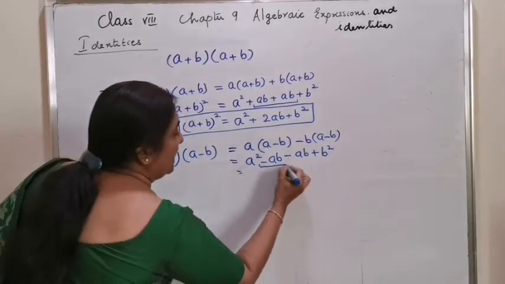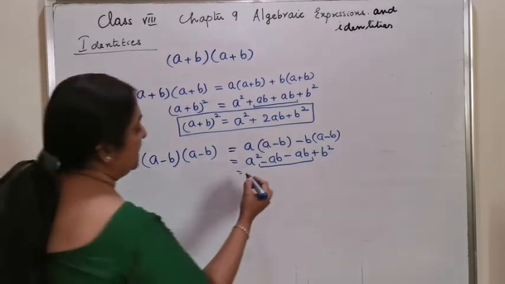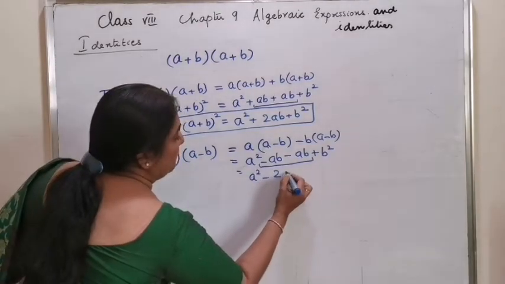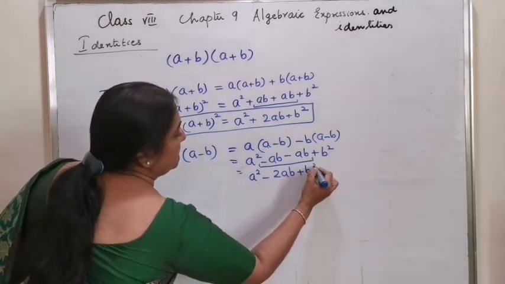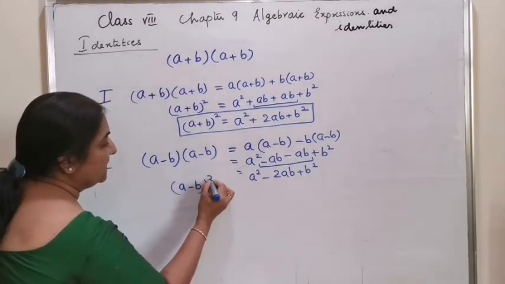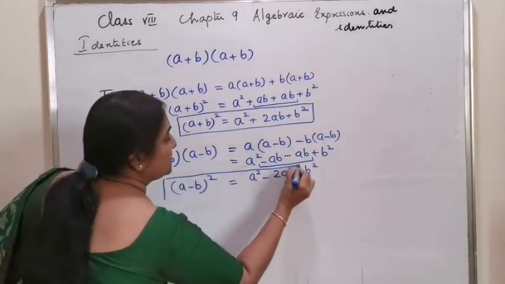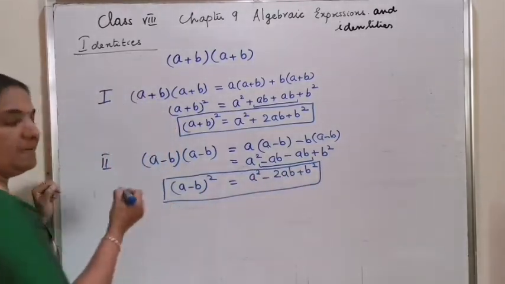Again, minus 1AB minus 1AB is minus 2AB, or A square minus 2AB plus B square. So what is the second identity? (A minus B) the whole square is equal to A square minus 2AB plus B square.